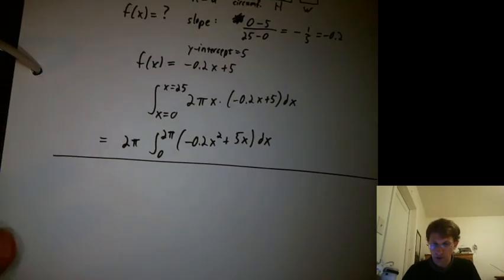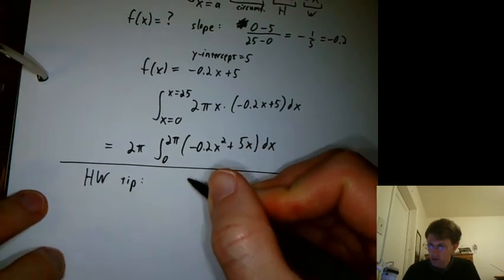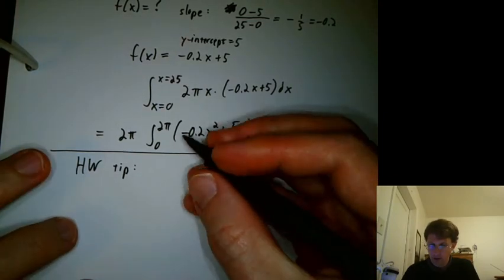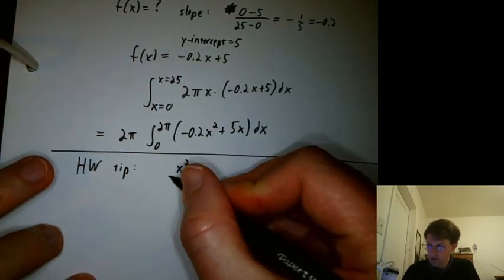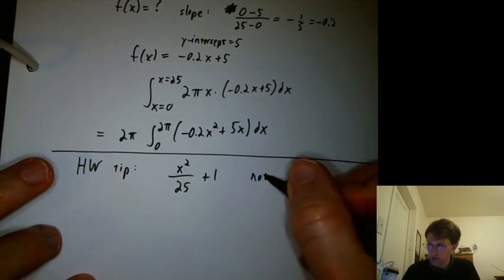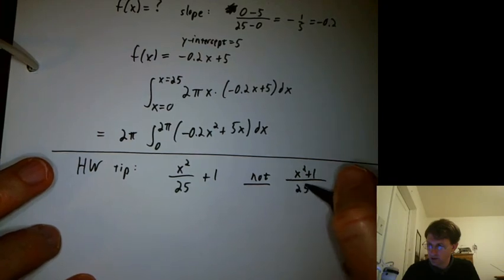I want to give a quick homework tip. There's a problem where we're dealing with a parabolic dish, and there's a formula that's x squared over 25, plus 1. It's not x squared plus 1, over 25.